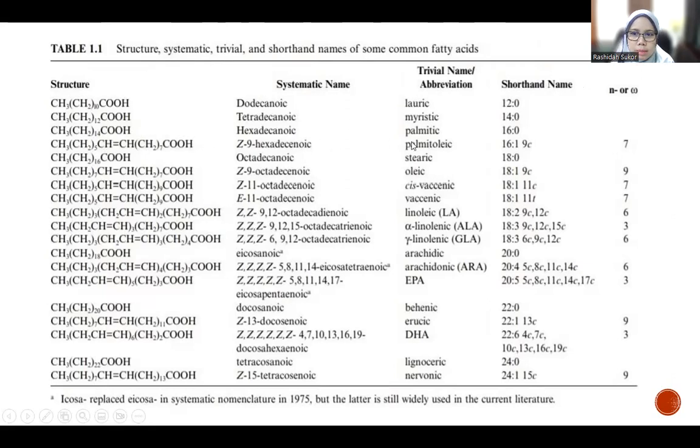Palmitic is 16:0, no double bond. Octadecanoic acid is stearic acid, also no double bond. Then we have oleic acid, 18:1, Δ9. This is the location of the double bond.